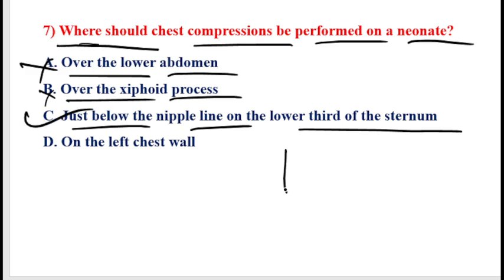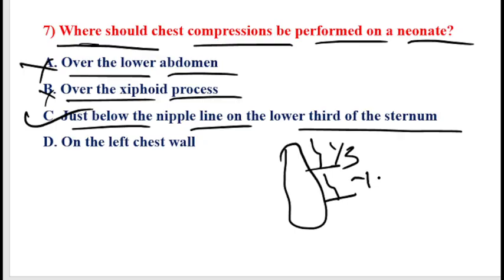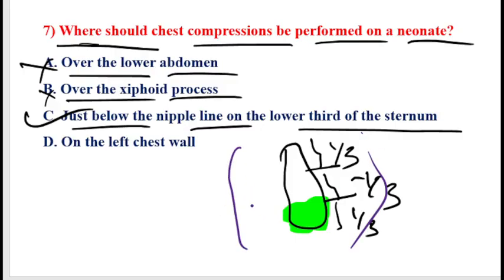If you consider this the sternum, this is the top 1/3, this is the middle 1/3, and this is the lower 1/3. So we have to compress on the lower 1/3 of the sternum.